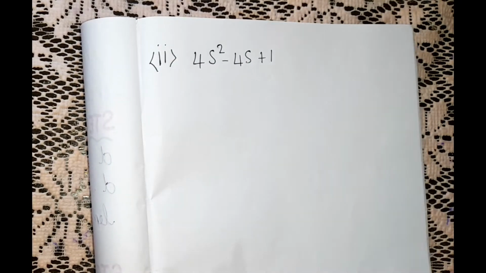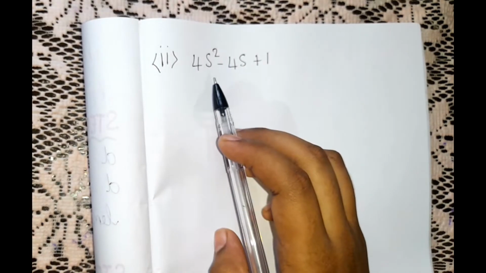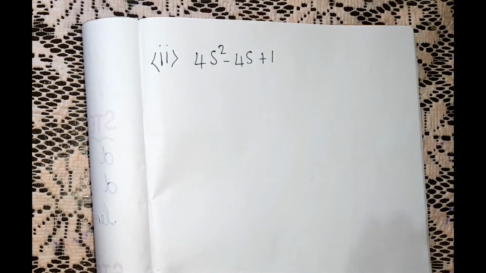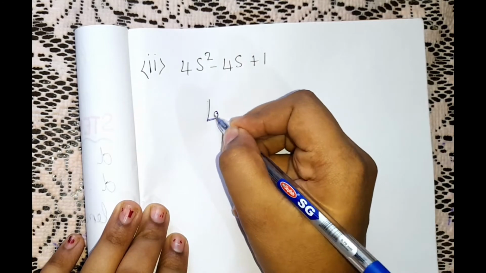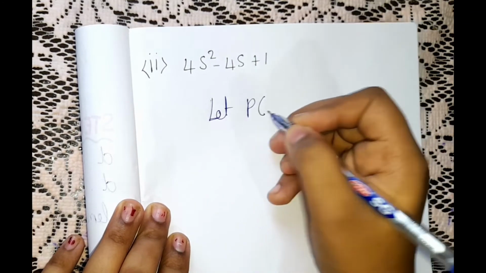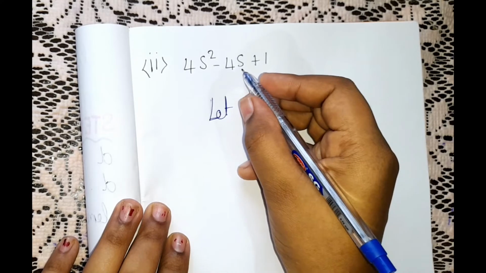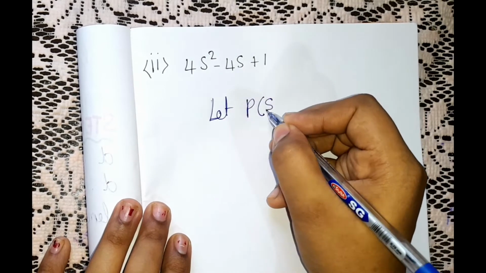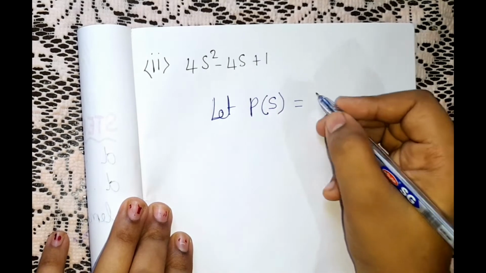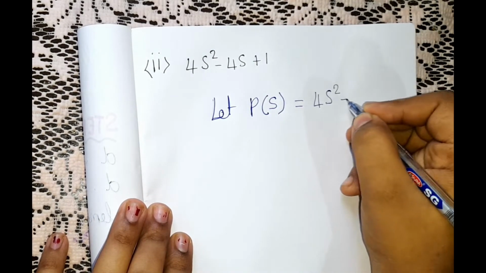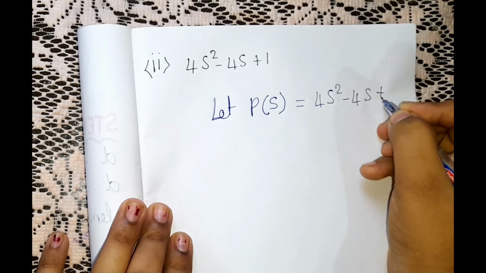As you know, here the variable is s. The variable is different, but no problem, we can solve it with any variable if you know the formulas. First of all, let p of x, instead of writing x, we are going to be writing s, because here the variable is s, be equal to 4s square minus 4s plus 1.